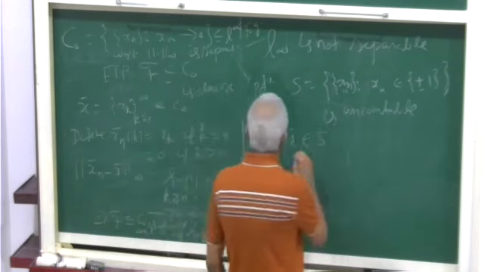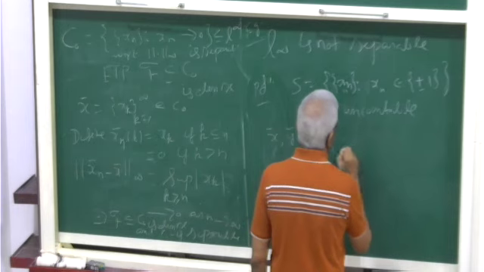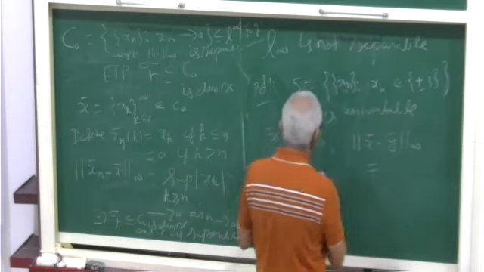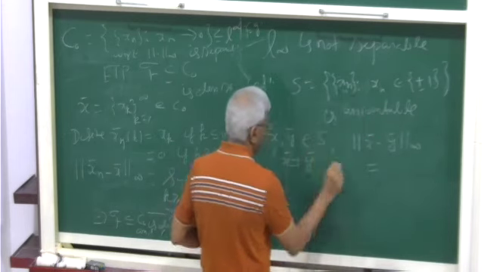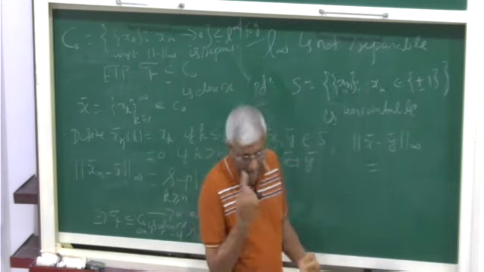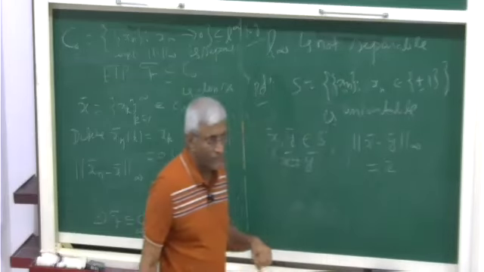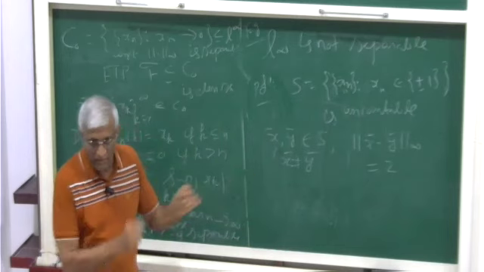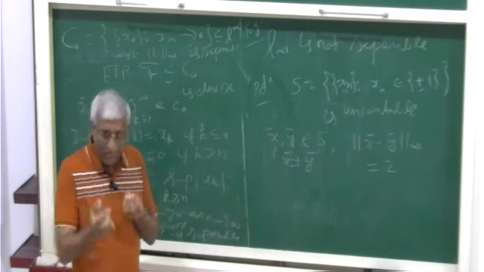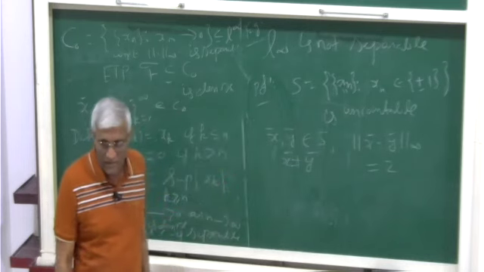Then the infinity distance between them, x bar minus y bar infinity, which is just the supremum, with x bar not equal to y bar. They have to differ at least one point, and there the difference is 1 minus minus 1, which is 2. So the distance between them will be 2, so the supremum will be 2.